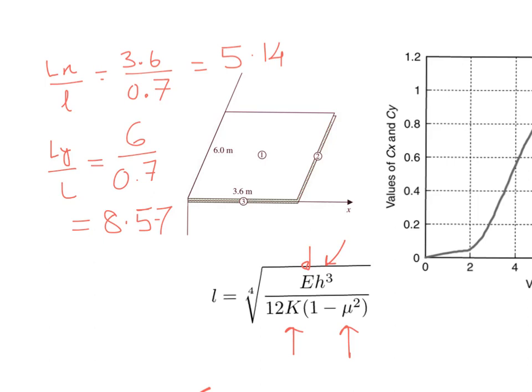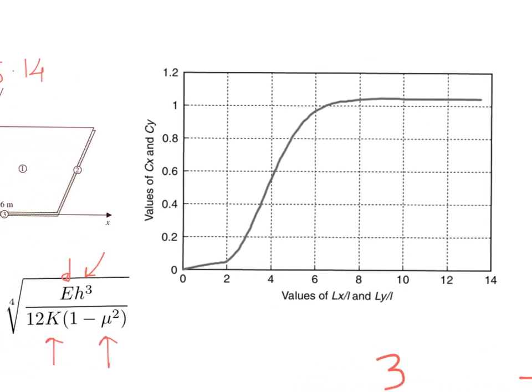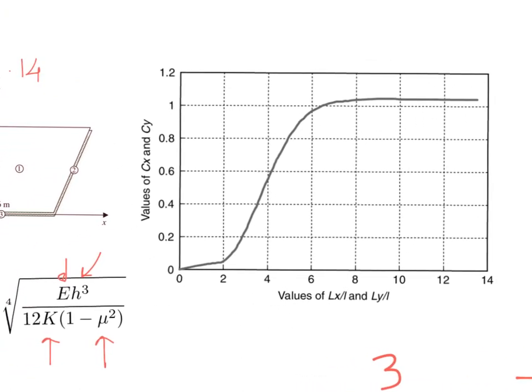Now Lx and Ly is known to you. Now concentrate on this chart corresponding to the Lx and Ly value. We have to read the value of Cx and Cy.